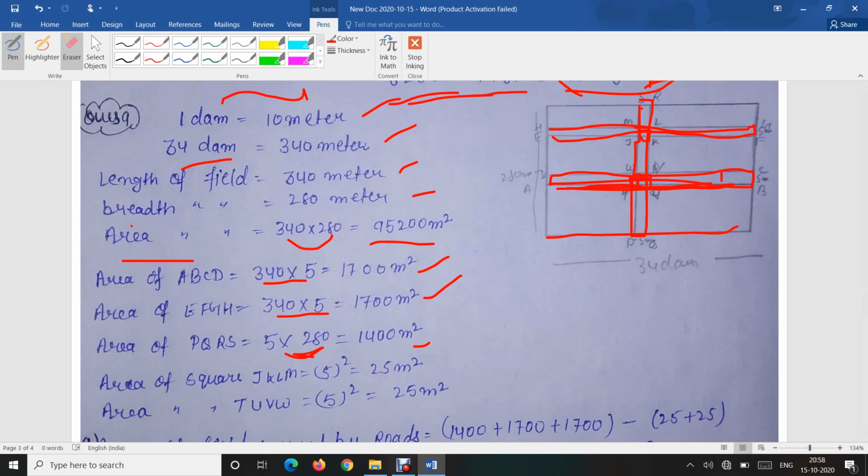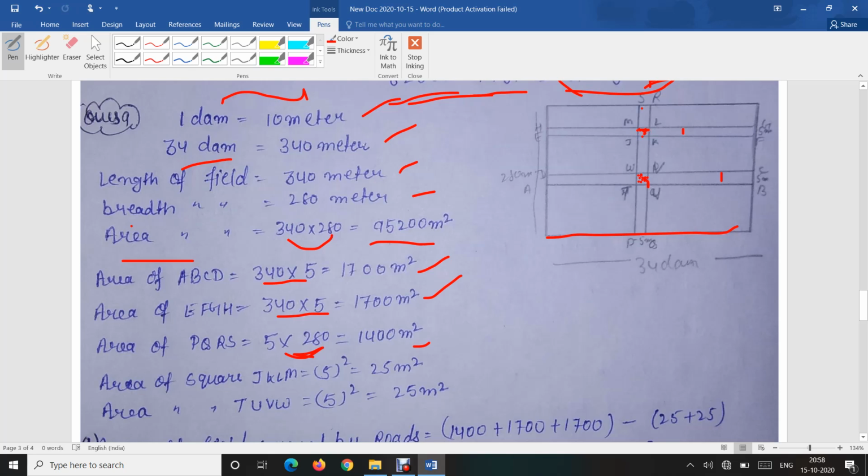See, you have to find out the area of this smaller square, this and this also. As it is given that the width between these two roads is 5 meters, so this is the square and also this is the square.